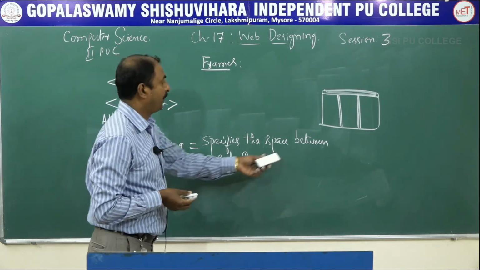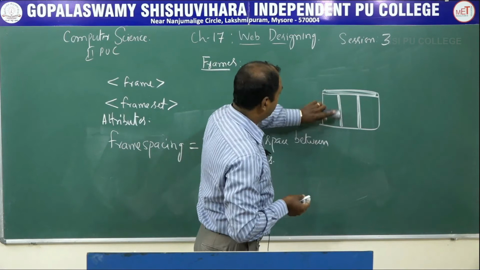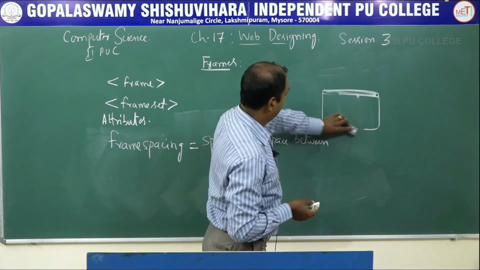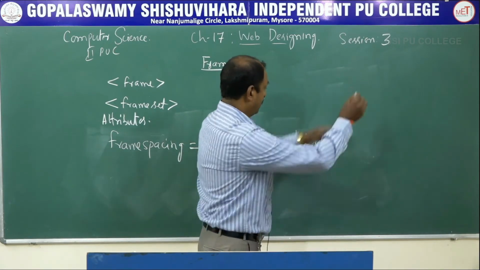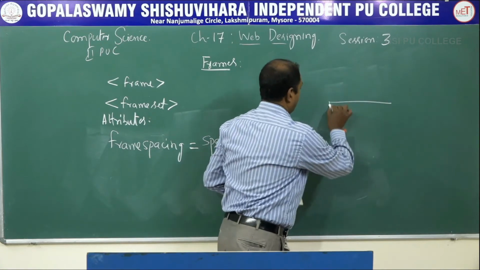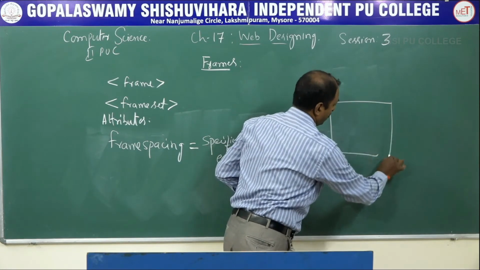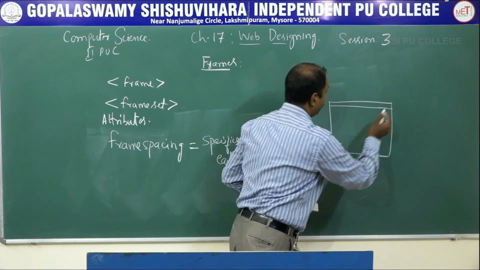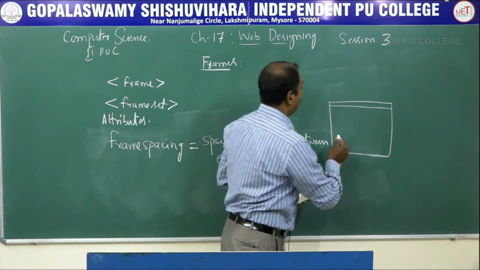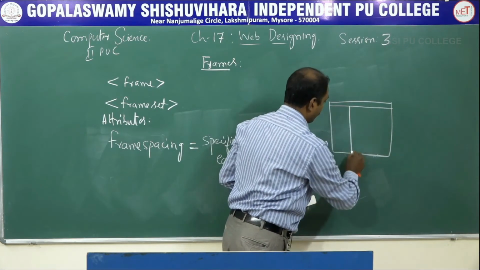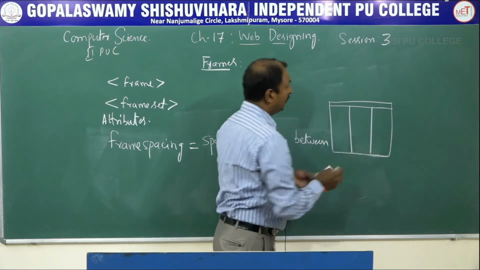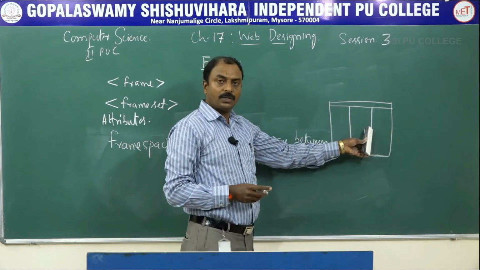What do you mean by space here? Space between them. See, suppose in this example, you take an example like this. This is the web browser window, and here, suppose there are three sections or three columns.